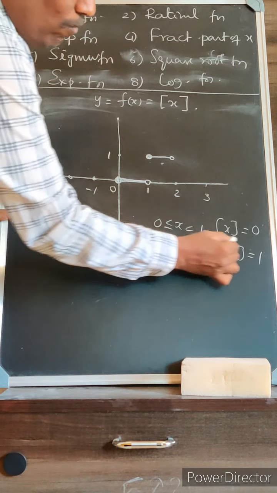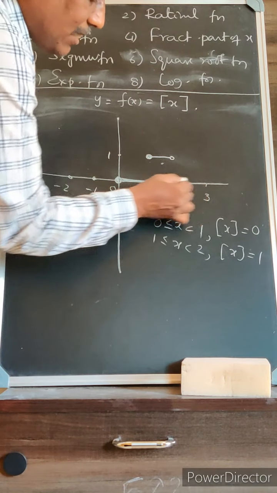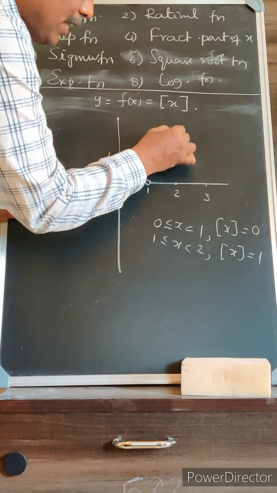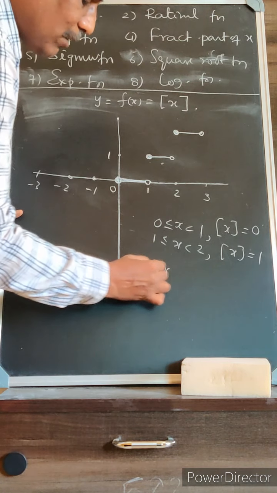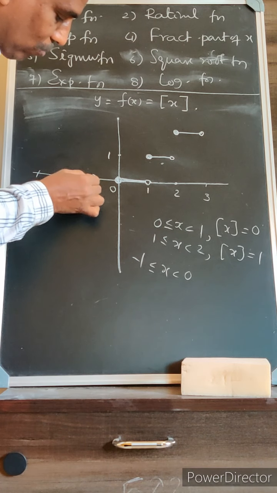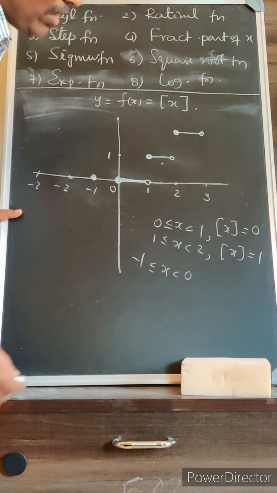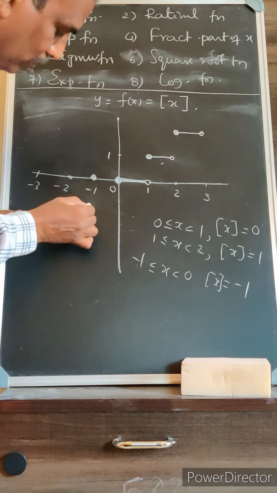That means the y value is equal to 1. When x lies between 2 and 3, the integral part of x is 2. When x lies between minus 1 and 0, including minus 1, excluding 0, the integral part of x is minus 1.